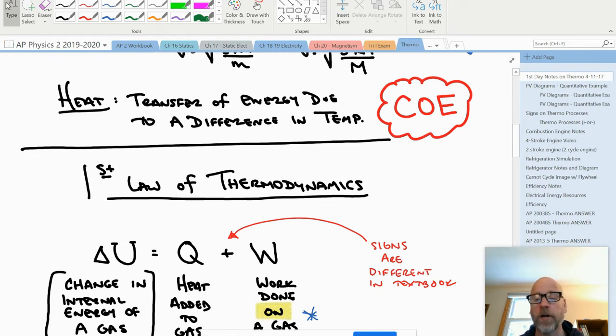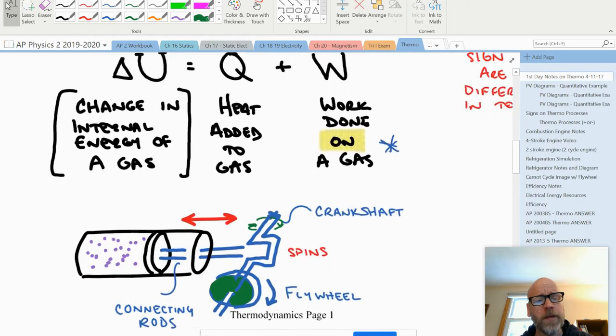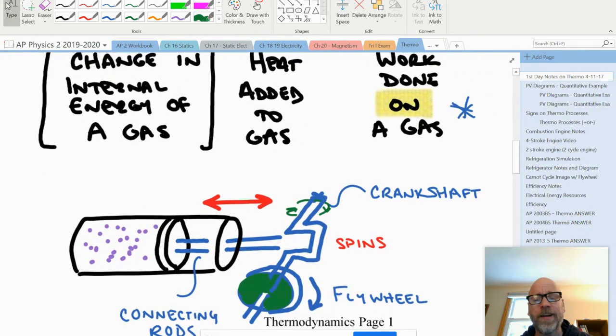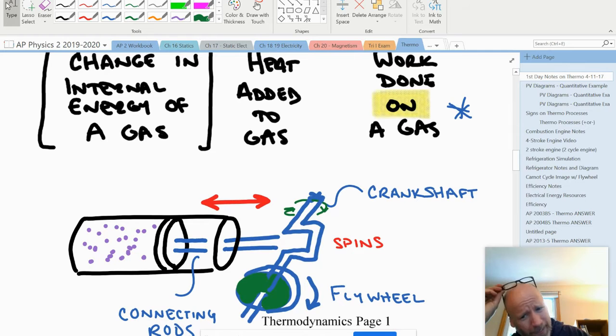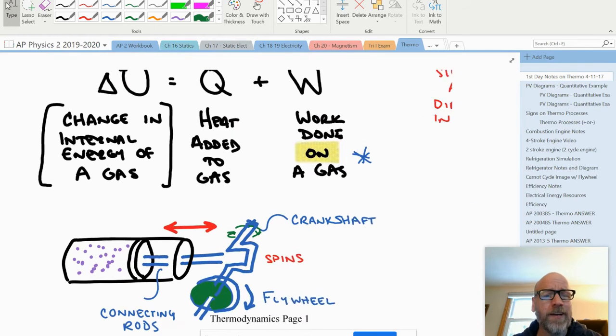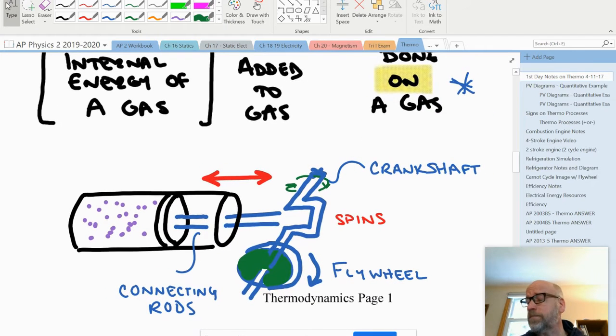Okay, there it is. Now this entire unit, the next week, here's what I need you to picture. Everything we're doing is connected to this. Now, are you going to really understand what this picture is right this second? Nope. That's okay. It's foreshadowing, kind of like you've already seen this formula before. But here it is. I'm going to put a gas in a cylinder.